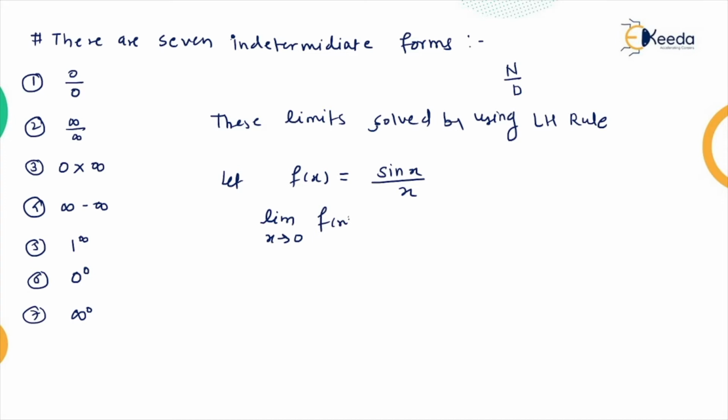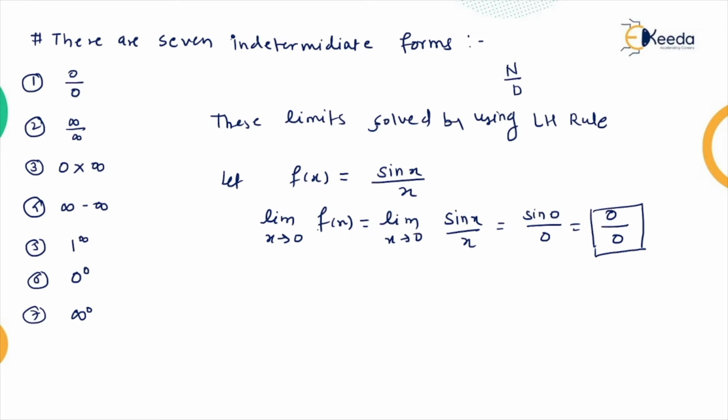The limit as x tends to 0 of f of x is the limit as x tends to 0 of sin x upon x. Now we have to replace x by 0. So sin 0 upon 0, and sin 0 is 0, so we get 0 divided by 0. This is an indeterminate form, guys: 0 by 0.